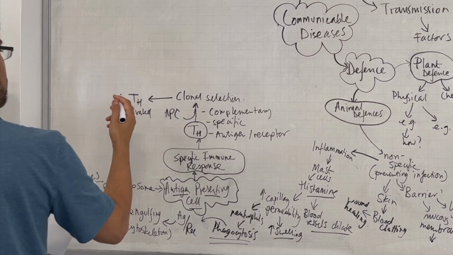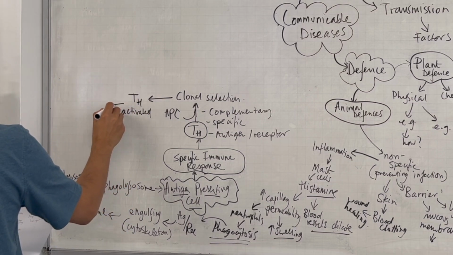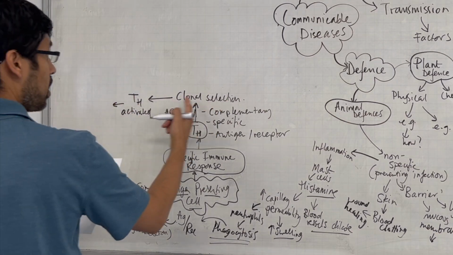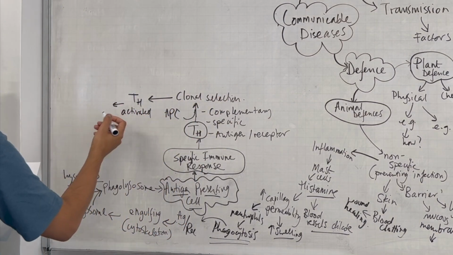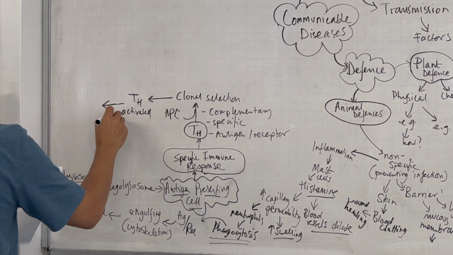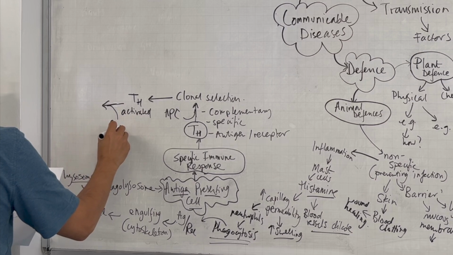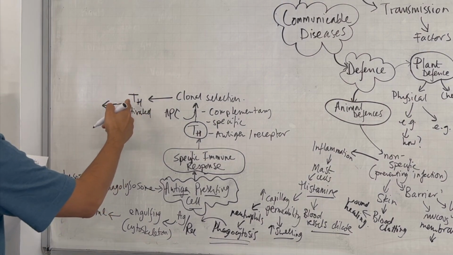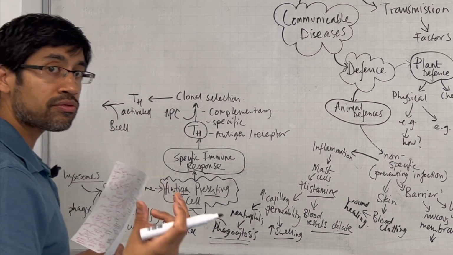The T helper cell is now going to carry out a similar kind of clonal selection of the B cell. So the T helper cell plus a B cell, and again the T helper cell will have many B cells to choose from.